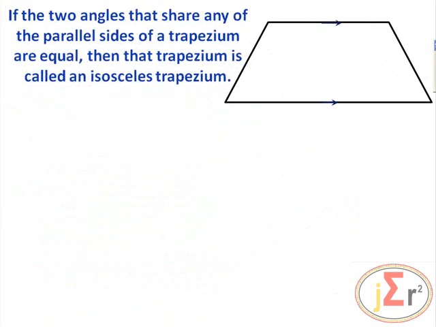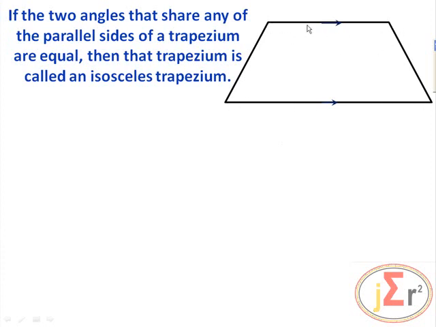If two angles that share any of the parallel sides of a trapezium are equal, then the trapezium is called an isosceles trapezium. What we mean, this is one of the parallel sides and this is the other.